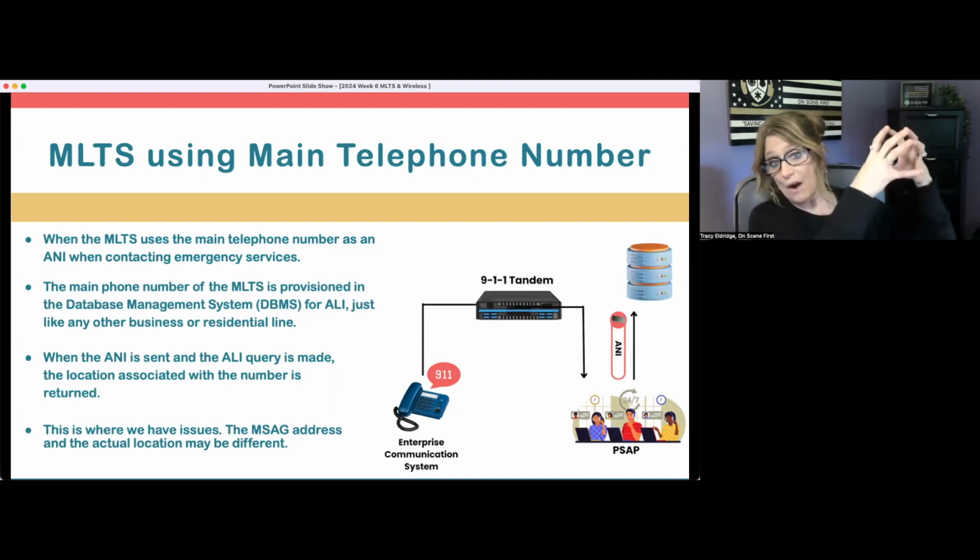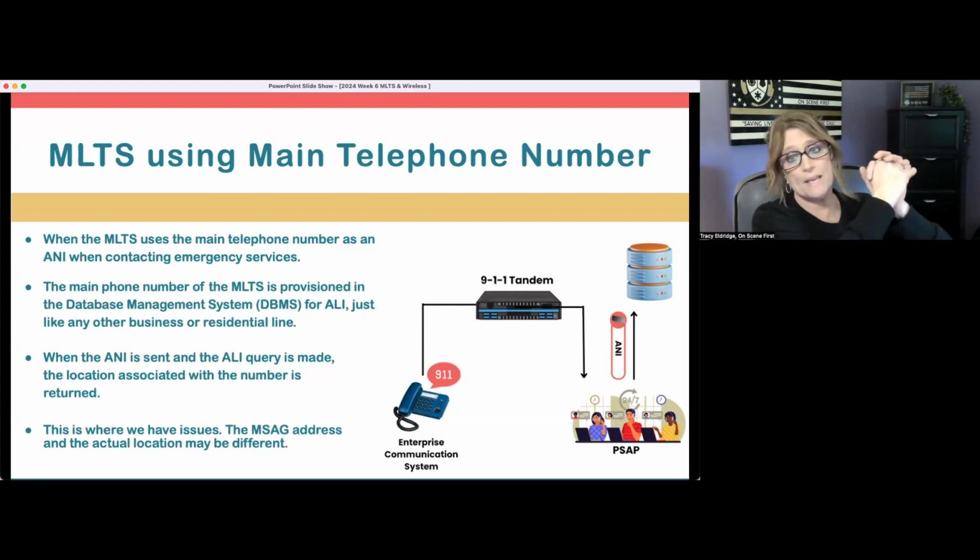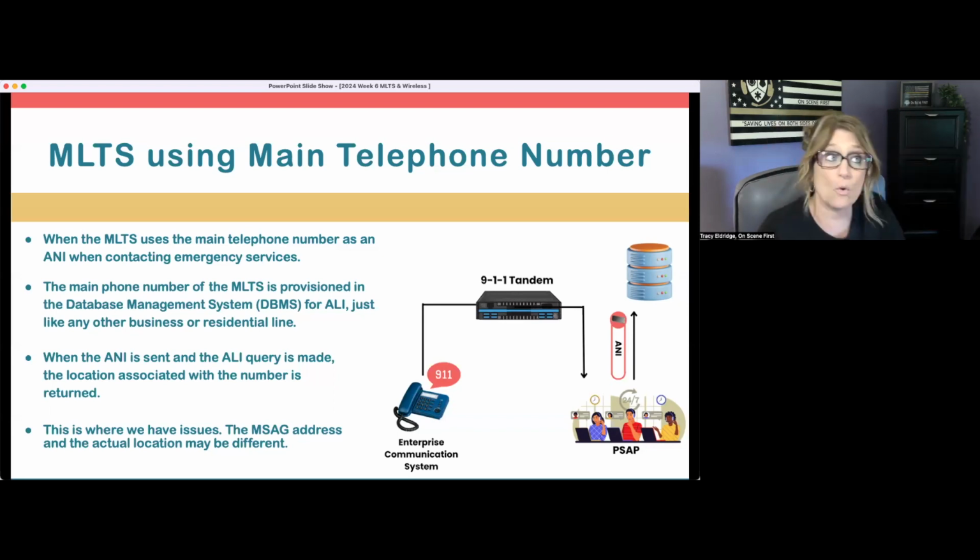It's taken out and wrapped up in some data. We'll say it's a question saying, hey, let's go back to the ALI database and find out where this location is. So that ANI, the phone number, is parsed out of that information, wrapped up in a data question sent to the ALI database, and the question is asked, where are you? And then the ALI information, that address that's associated with the phone number, is now pulled back into the PSAP.